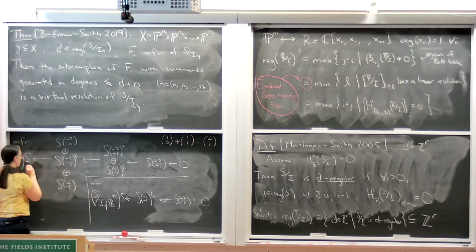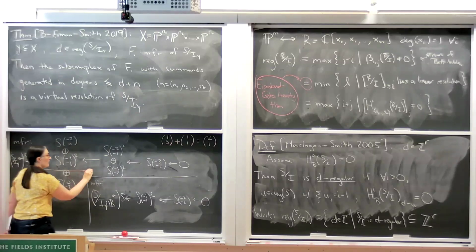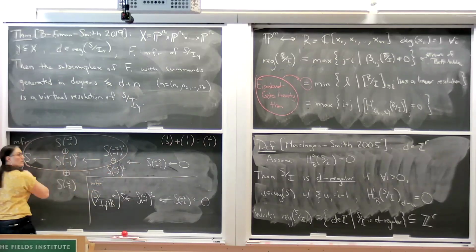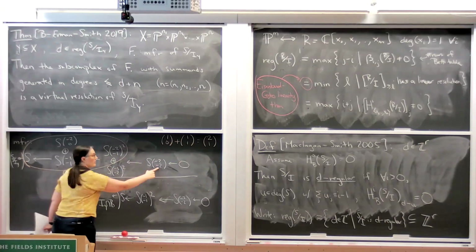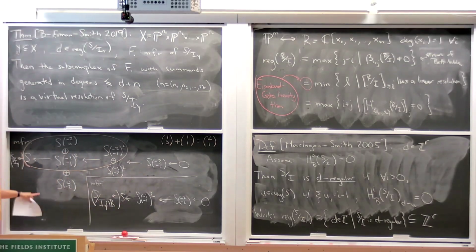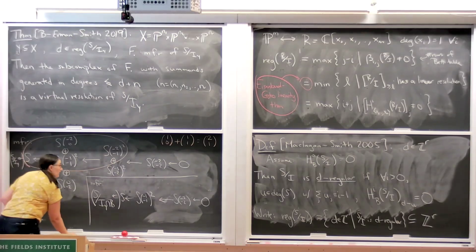And it turns out this is what I want. The 2 is bad here, 2 is bad there. So this is also a virtual resolution for S mod I_Y, and it's a subcomplex of the free resolution. So maybe regularity is reflected in a different way inside of these minimal free resolutions.